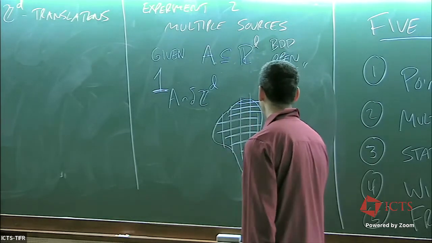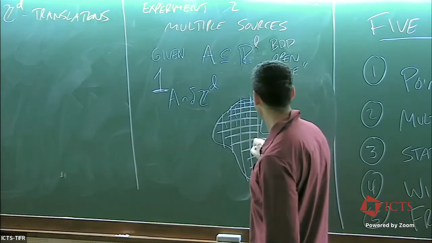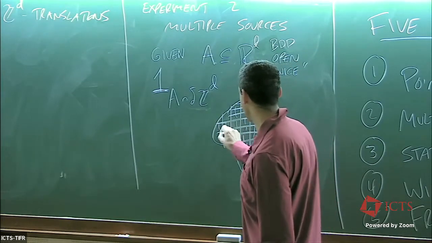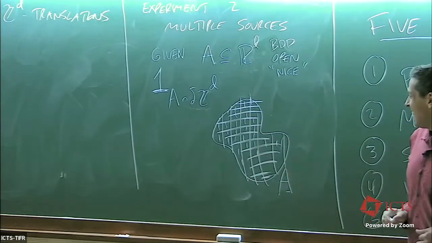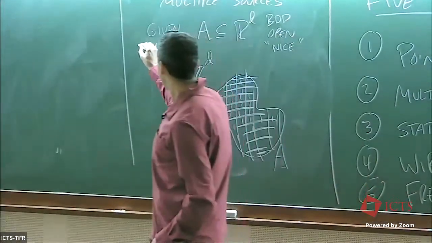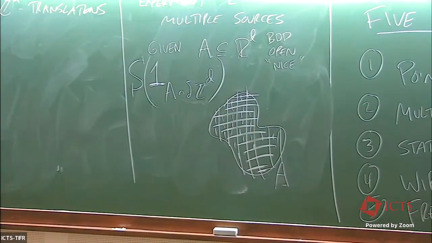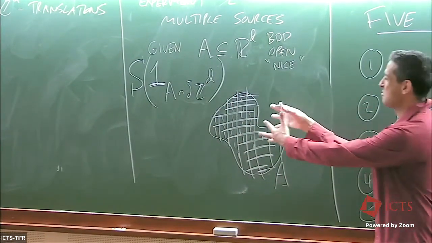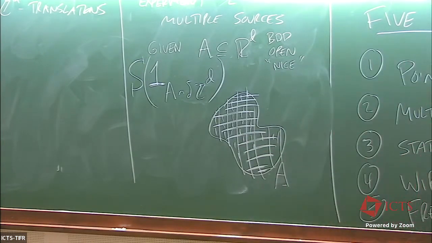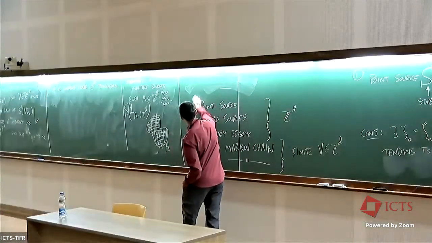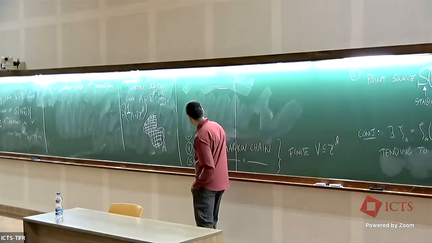And then I want to stabilize that. So maybe this is what my set A looks like. I fill it up with active particles, and now I want to stabilize it. These active particles are trying to fall asleep, and they have trouble falling asleep until they spread out far enough. So they will spread out to fill some larger region of the lattice, and we'd like to know what region that is.